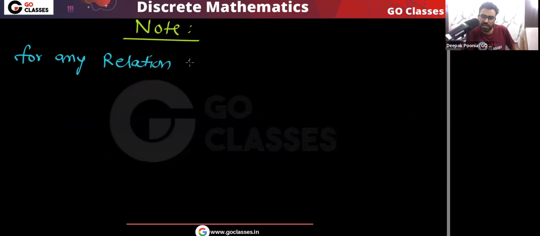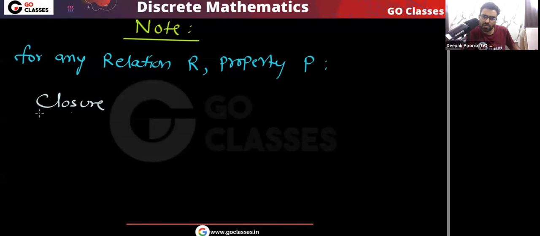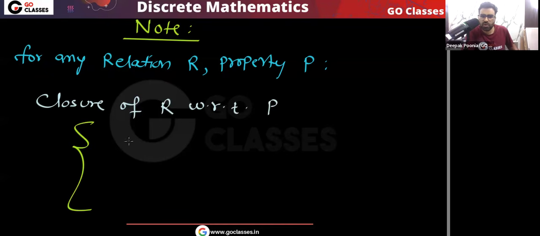For any relation R and property P, the closure of R with respect to P either does not exist, or if it exists, then it will be unique.